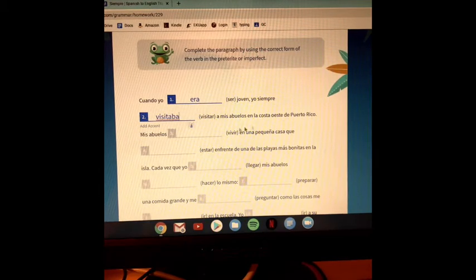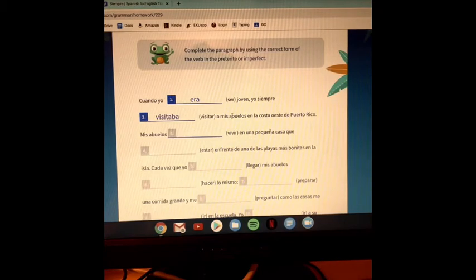All right, so these ones were both for yo. Look at the end of the sentence and look at the new ones, mis abuelos. Now it is talking about mis abuelos. So my grandparents, vivir means to live. So my grandparents lived in a small house. So that is an ongoing thing. And if it is both of them, we want the third person plural imperfect form of vivir.